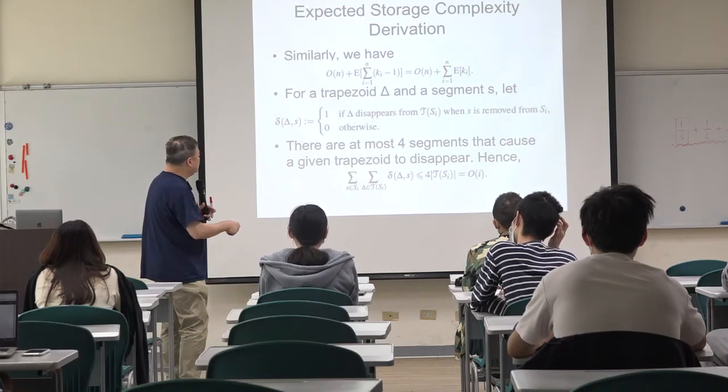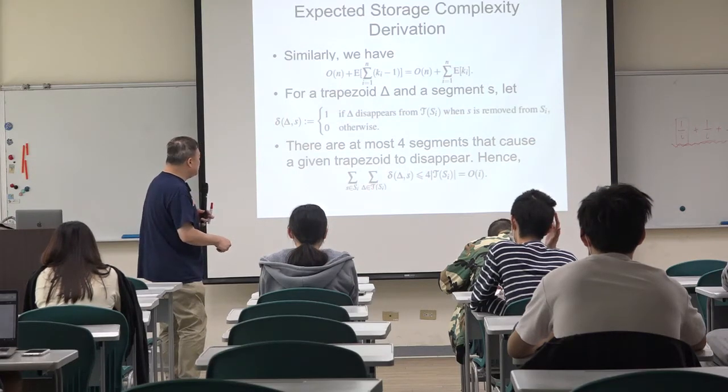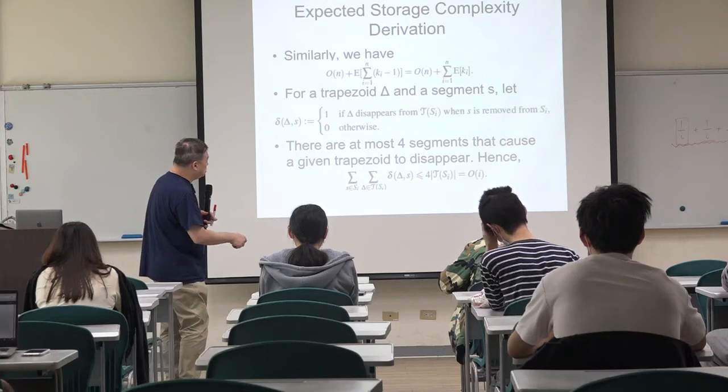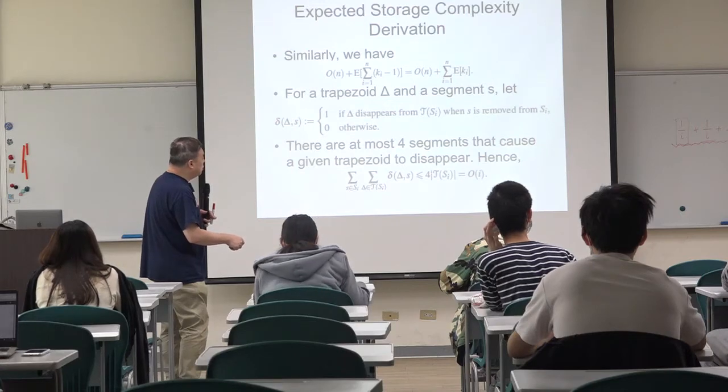It is 1 if this trapezoid disappears when S is removed from Si, and otherwise 0. Then for every trapezoid and every segment in Si, the summation over this delta function is less than or equal to 4 times the total number of trapezoids in Si.